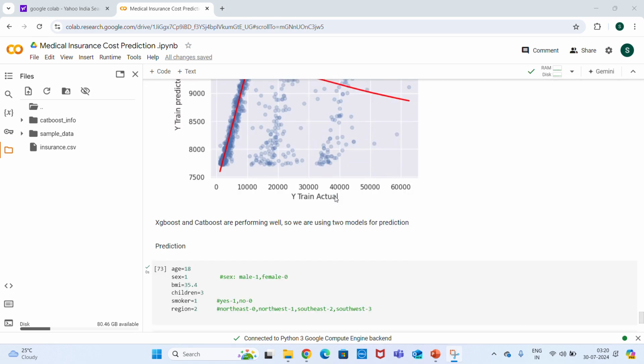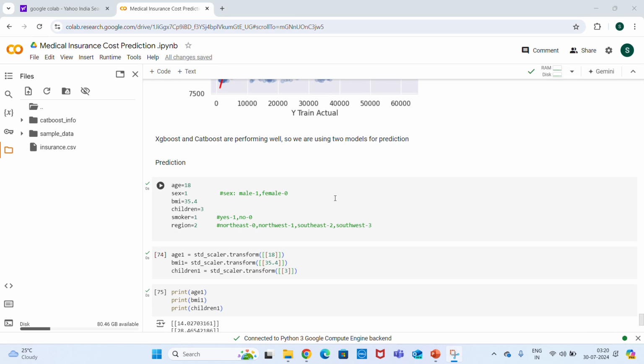Predictions. Finally, here the code predicts the insurance cost for a new patient with specific characteristics using the trained models. But CatBoost and XGBoost are performing well. They have a good accuracy rate, or R-squared rate, compared with SVR.